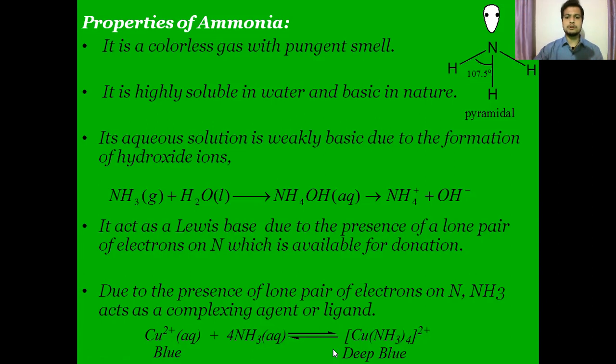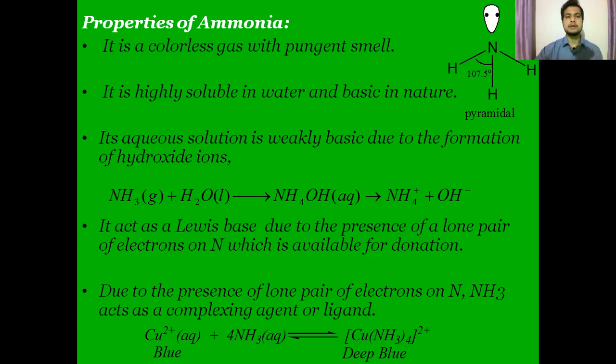The moment you do so, it gives you a deep blue colored solution. That deep blue solution is the result of the formation of a coordination complex, which is tetraamminecopper(II) complex, and this particular complex results in the deep blue coloration of that solution.